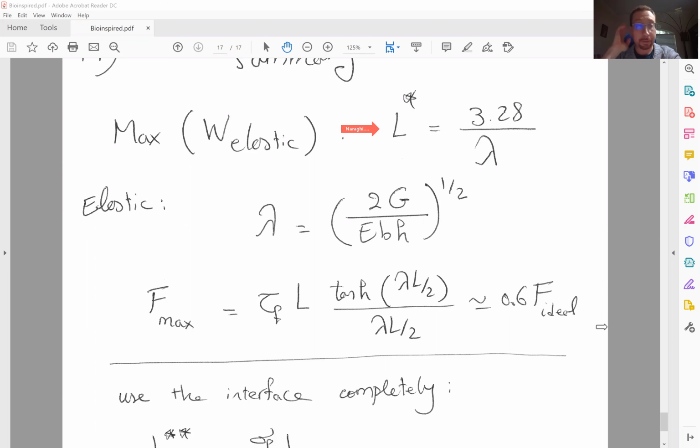So this just tells us, if we have these ingredients in this biological material, what the L star should be for elastic energy density to be maximized.